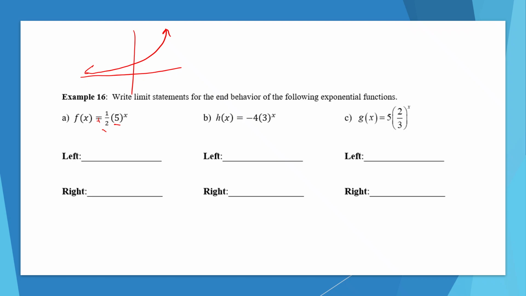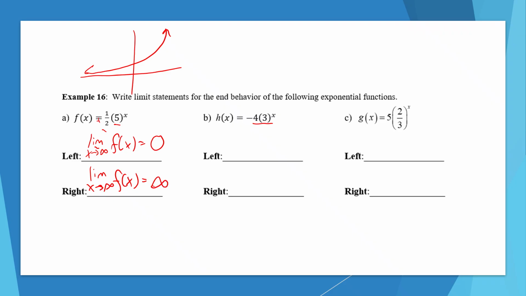So our limit statement would be the limit as x approaches negative infinity for the left and the limit as x approaches positive infinity for the right of f of x. So get the correct function name. If you use the incorrect function name, you will not receive any credit. And then as you go to the left, this is tending towards 0, and as you go to the right, this is going towards infinity.